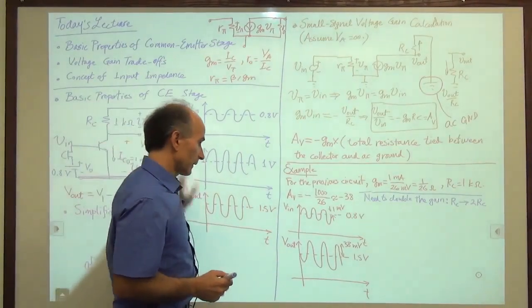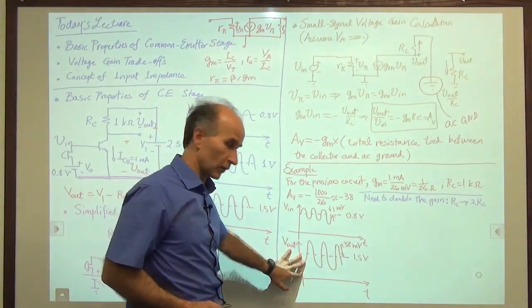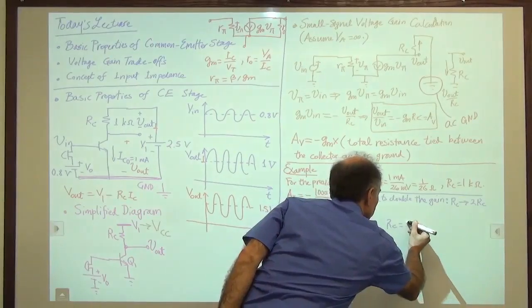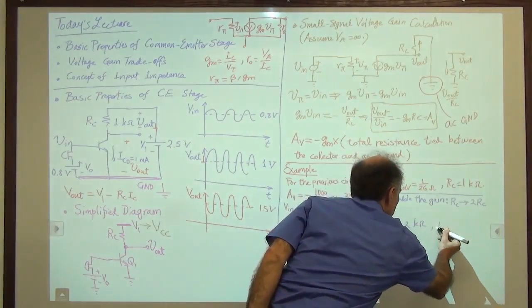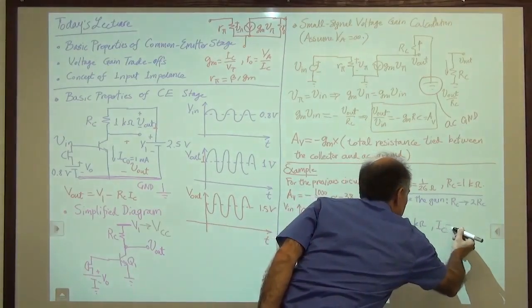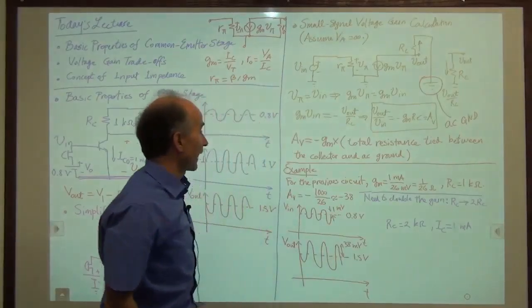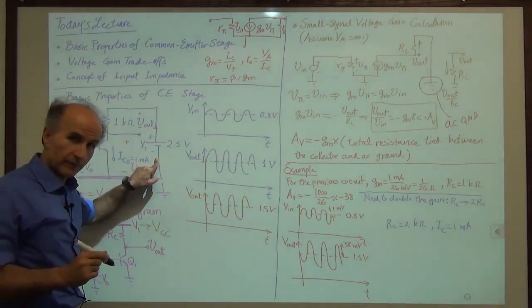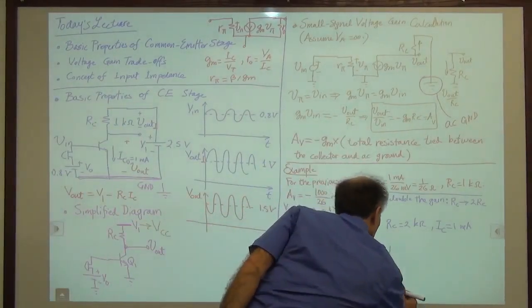Okay, so let's go ahead and plot V out now and see if everything is good. So now we say RC is equal to 2 kilo ohms. Remember that we haven't changed anything else, so presumably IC is still 1 milliamp. And this voltage, VCC, is 2.5 volts. Okay, so let's try to plot V out.